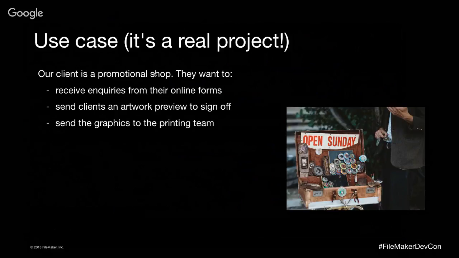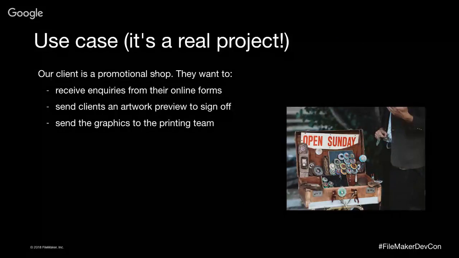People go online and type a request like, hi, I'm the Atlanta FileMaker group, and I would like to print something. Then they put together a bit of artwork and send it to the client to sign off. And the client says, yeah, I like that, let's do it. So they send those graphics to the printing team that actually does the printing.